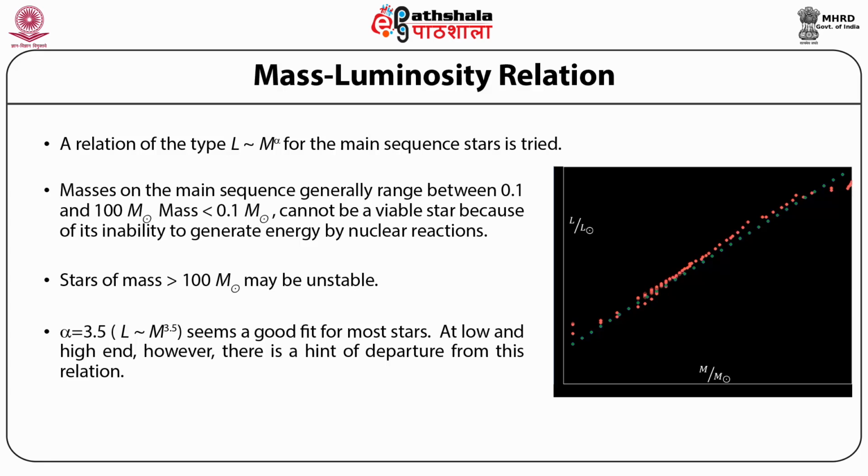Red dots are the data points and the blue dots represent the relationship L directly proportional to m to the power 3.5. For the most part, the data follows the law, but there is a hint of departure at the low mass end and high mass end.